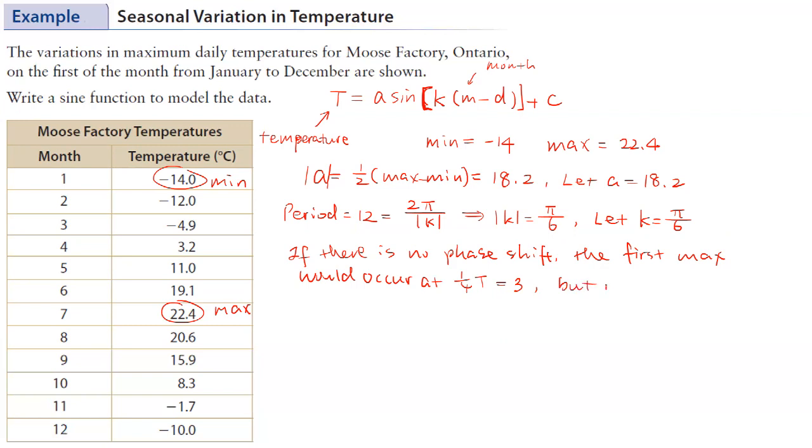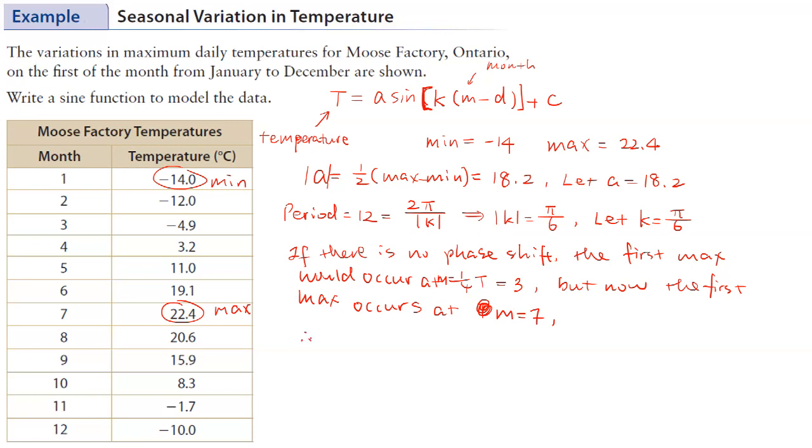But now we know that the first max occurs at m equals 7. That means there is a phase shift to the right by 4 units.